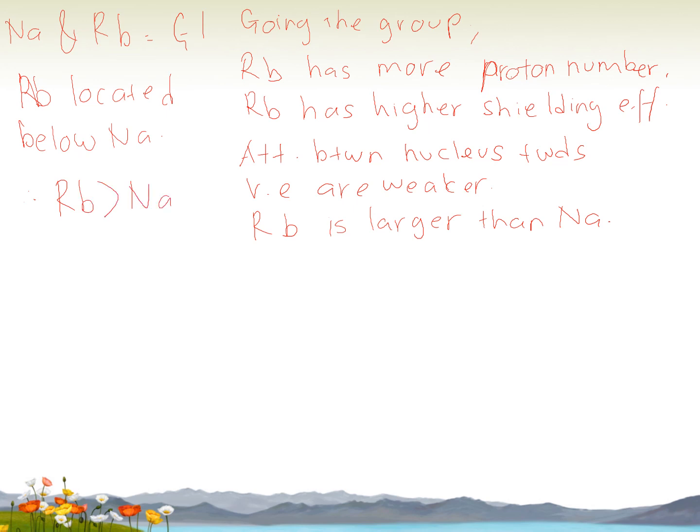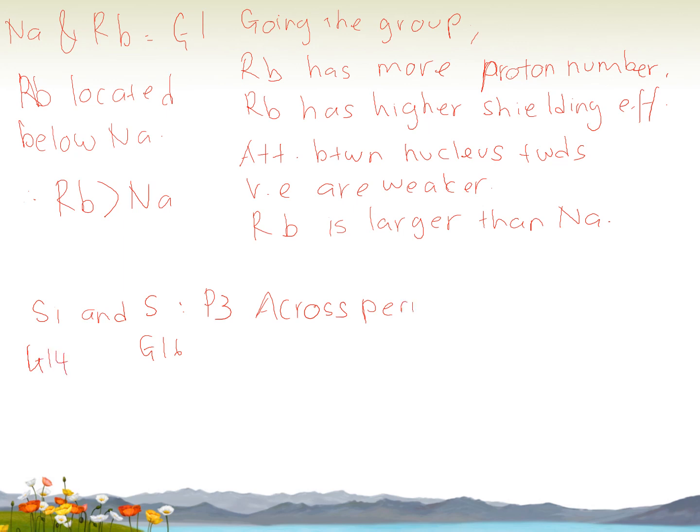Number 2 is between silicon and sulfur. Both are in the same period, which is period 3, but in different groups. Sulfur is group 16, silicon is group 14.